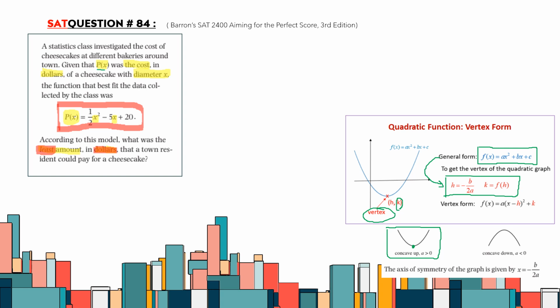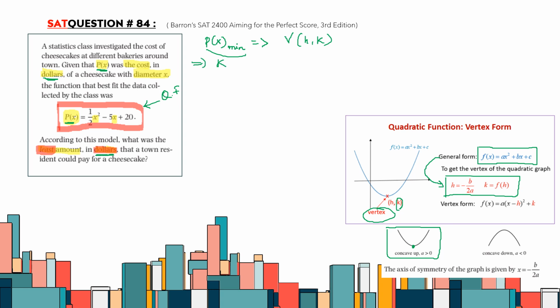We know that for P of X the unit is dollars, and they're asking for dollars, so they're asking for the minimum of P of X. Because this is a quadratic function, you have to find the vertex, h comma K, and this one is the K.